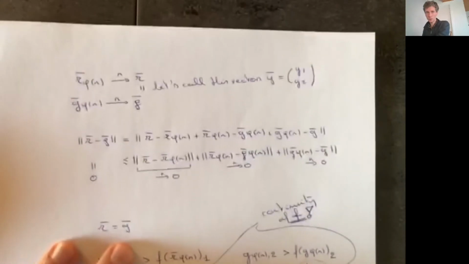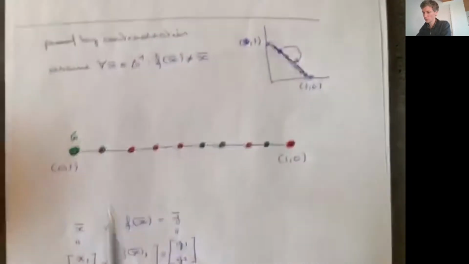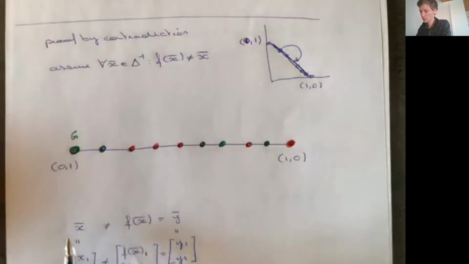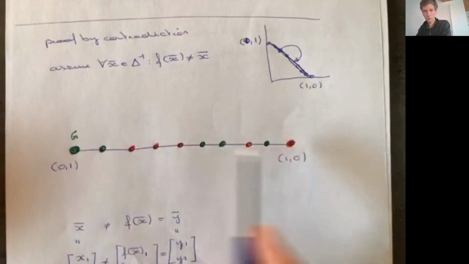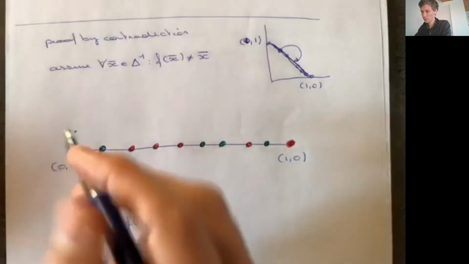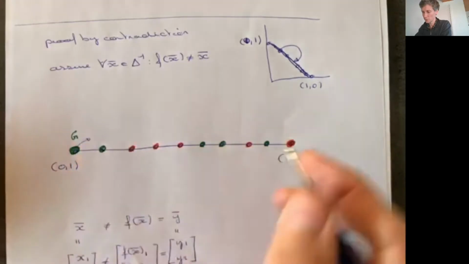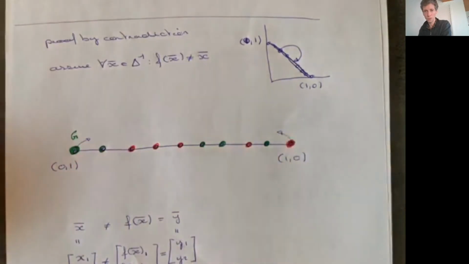Then we have used a couple of arguments to show that indeed every point can be colored, otherwise you would have a fixed point. And second, that this point and this point have different colors. So basically, if we look at f of this point here, it has to go to the right, and f of this point has to go to the left. This is why they have different colors.